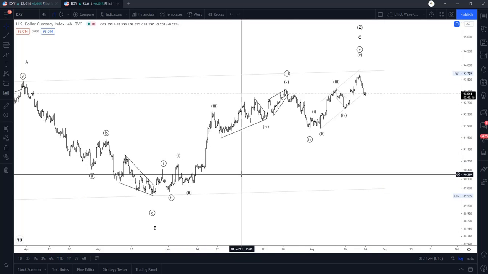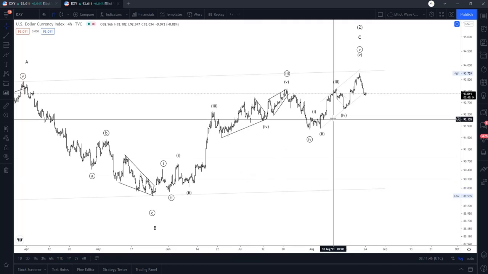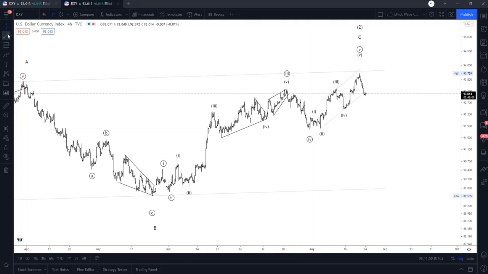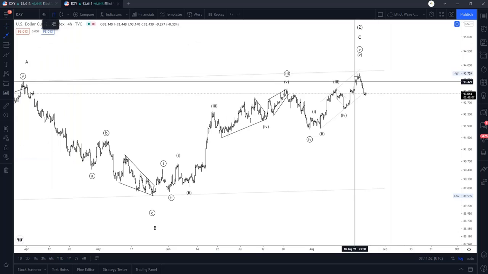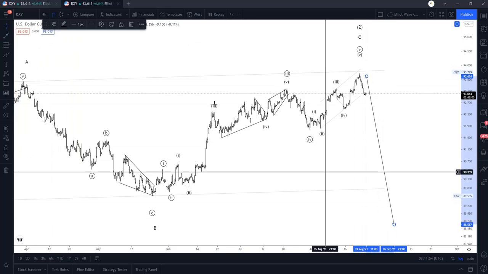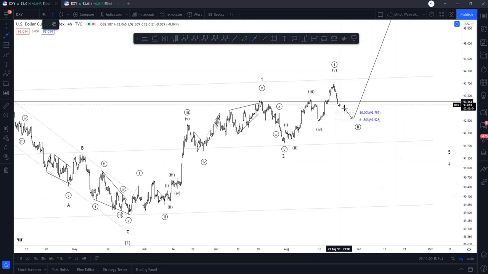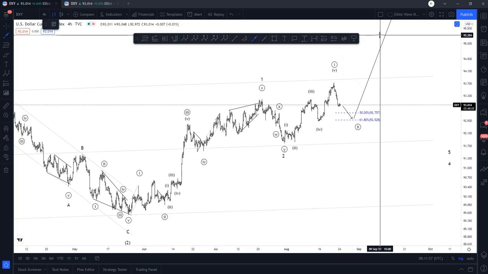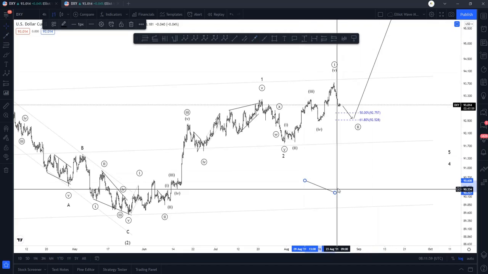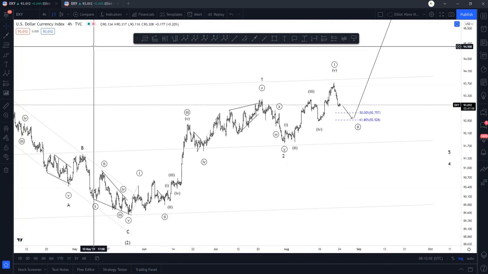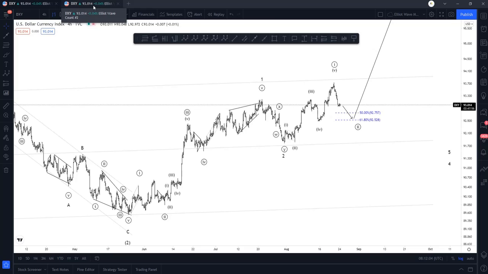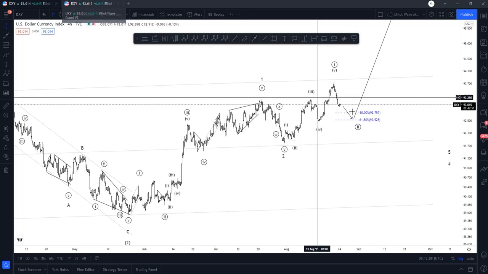Now, say for example, we wanted to understand whether the dollar index is going to fall and break structure and fall lower for a bear market phase, or if the dollar is going to bounce and move higher for a bull market phase. Well, the best way we understand this is we look for a break of structure. We wait for the market to play its hand.